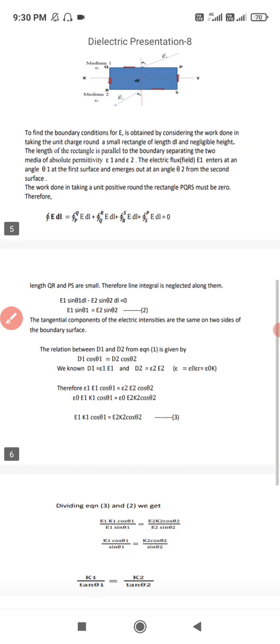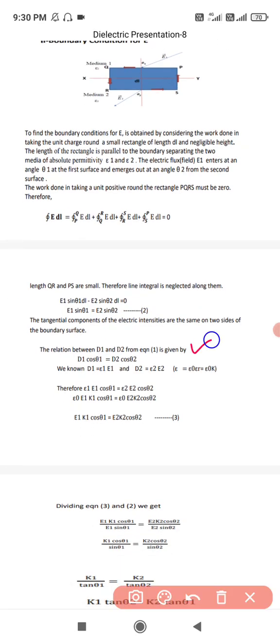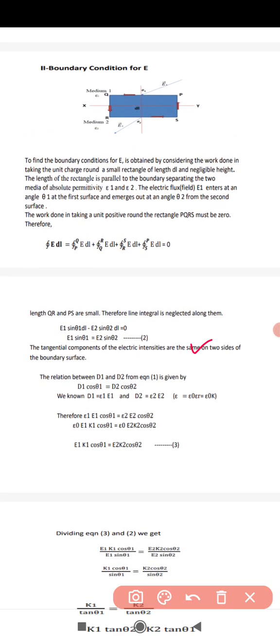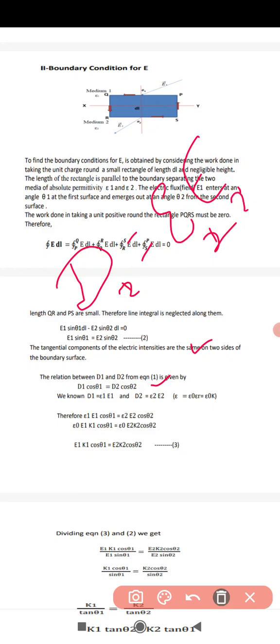Therefore, the relationship between D1 and D2 in equation 1 is given by D1 cos theta 1 equals D2 cos theta 2. We know that D is equal to epsilon times E. Therefore, D1 is equal to epsilon 1 E1 and D2 is equal to epsilon 2 E2.